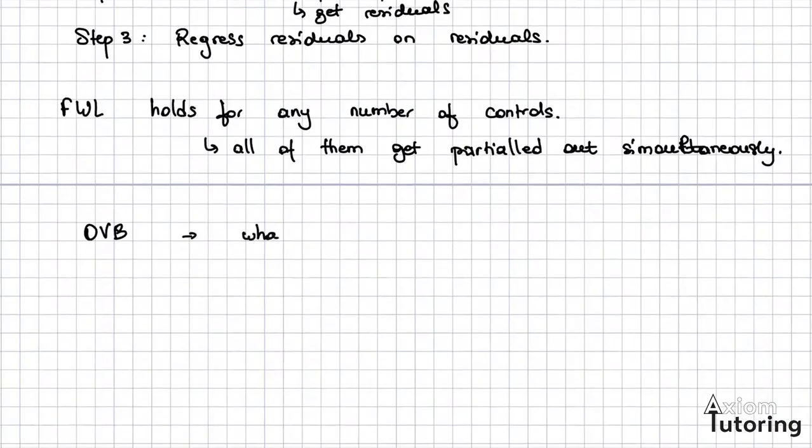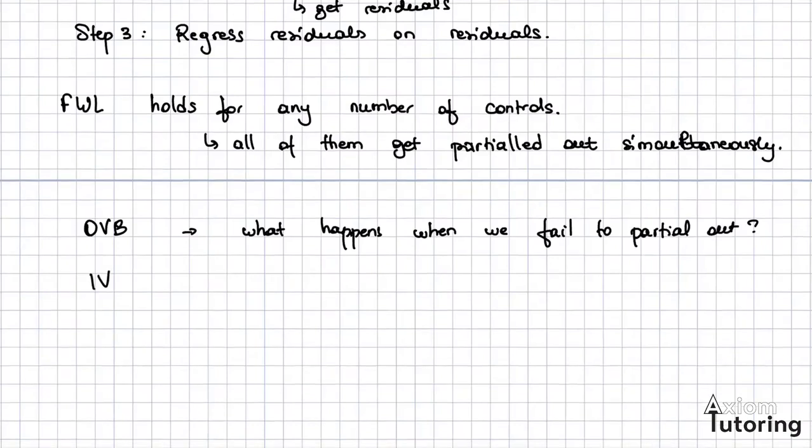It's also the foundation behind instrumental variables, because that is how we find variation in x1 independent of the endogenous part.